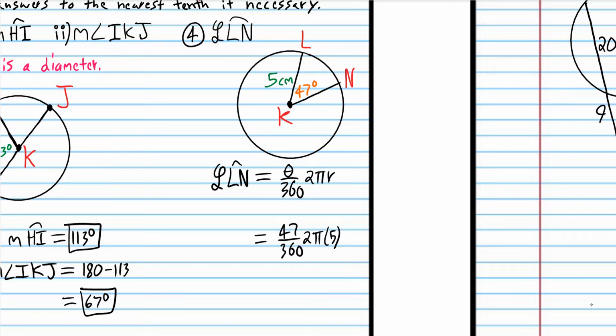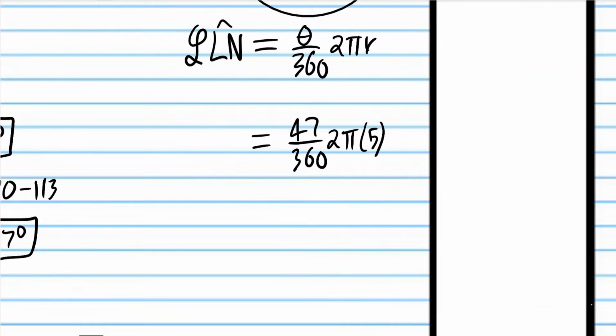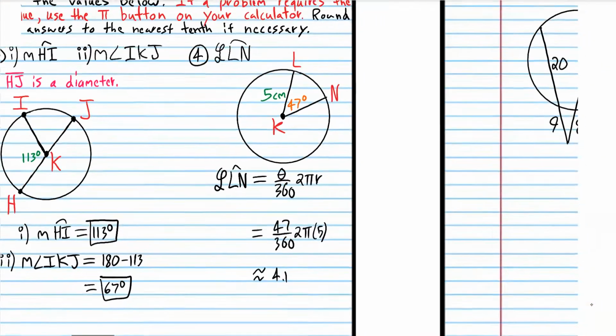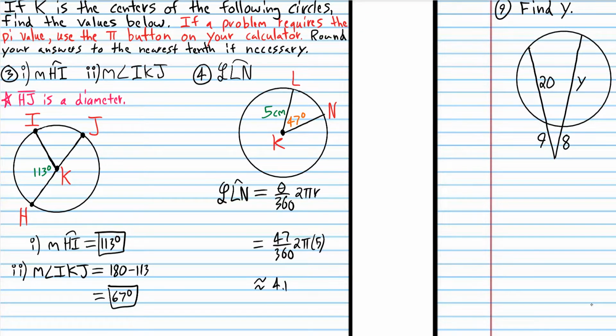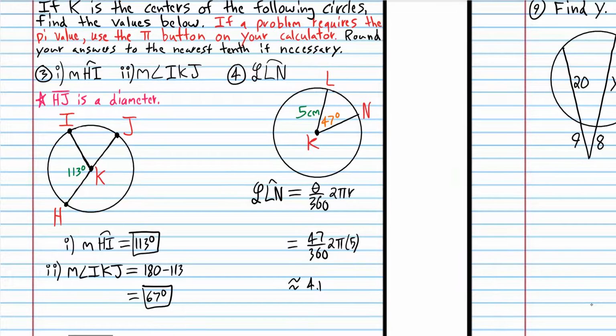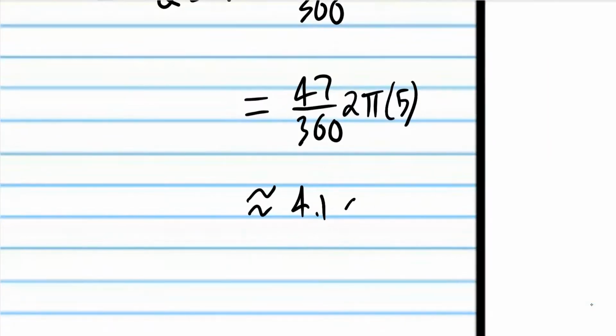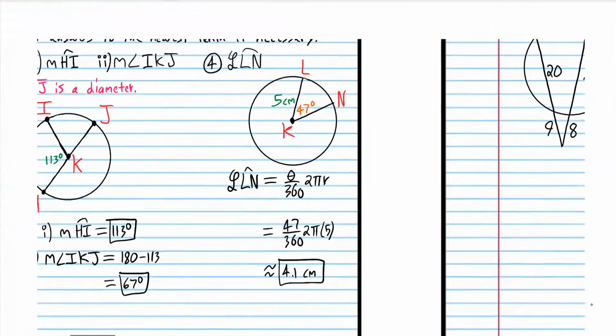And the number that I get is 4.10152, and so on, but it says to round off to the nearest tenth. So we're going to erase all of those decimal places. And remember, some of these problems require units. So we found the length of that arc. It's 4.1 centimeters. So if you got that one right, good job.